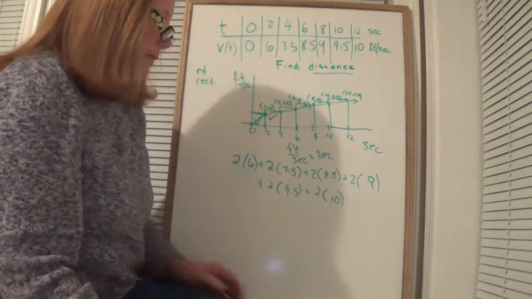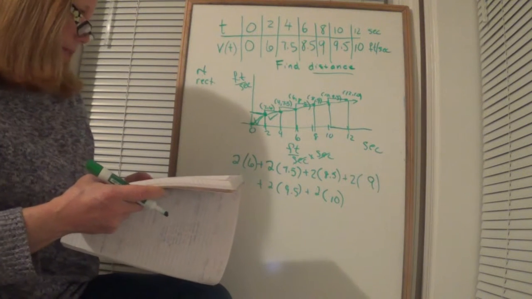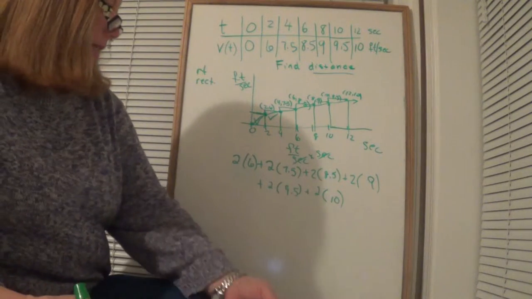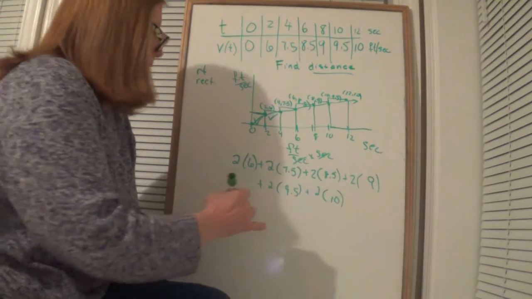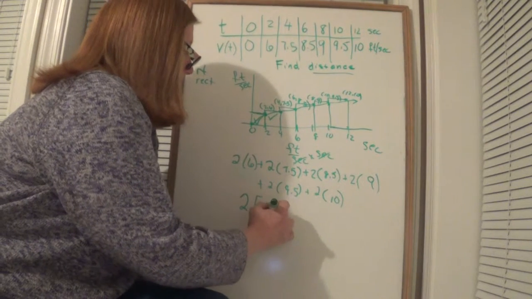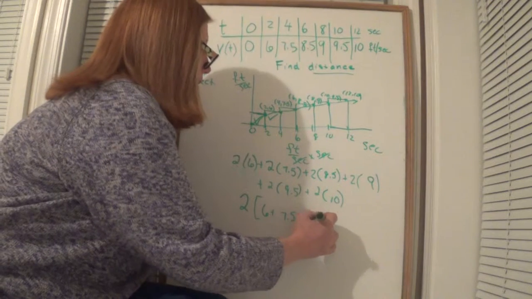So if I write all that out and calculate it, go ahead and see what you get. I haven't shown you this or discussed it, but you probably saw it for yourself. A lot of times I pull out the 2 in front and just add these numbers. It just saves me a couple keystrokes.